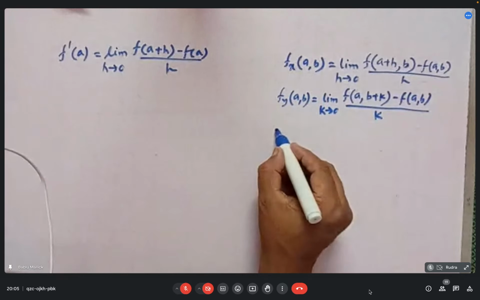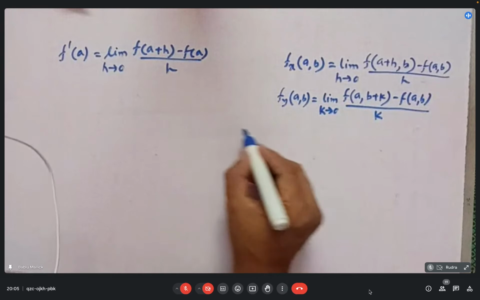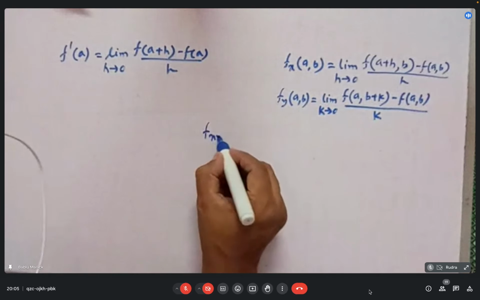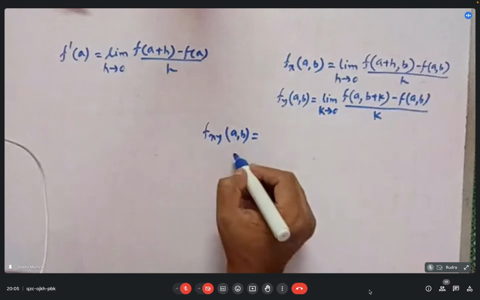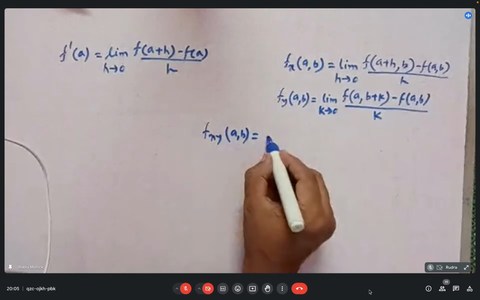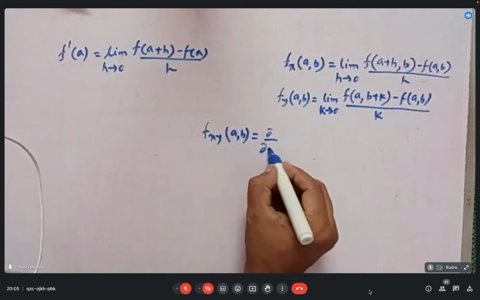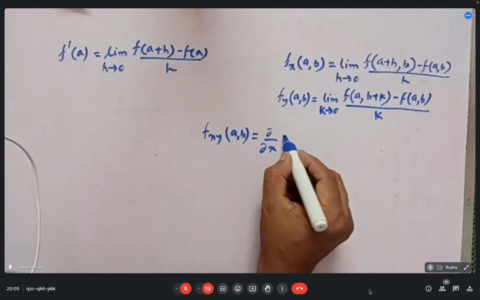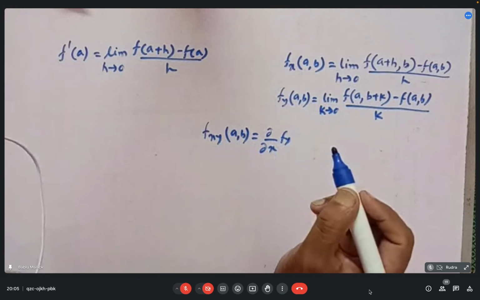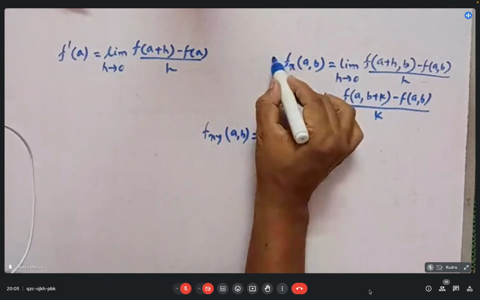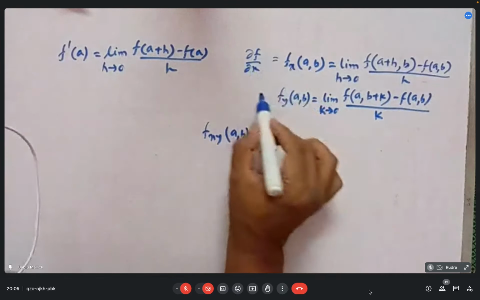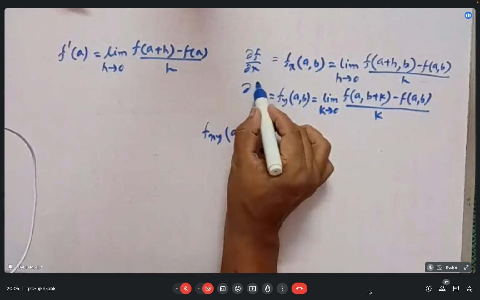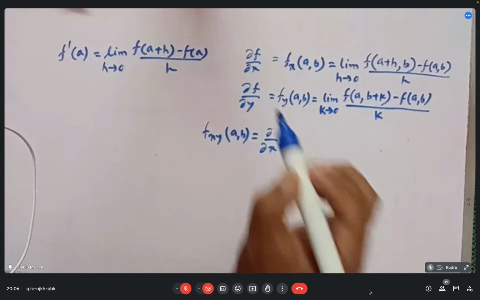Now fxy দেখো fxy at a comma b, what does it mean? That means fxy মানে it is del x of fy. So এই দেখো this মানে তো del x of f, this মানে তো del y of f.